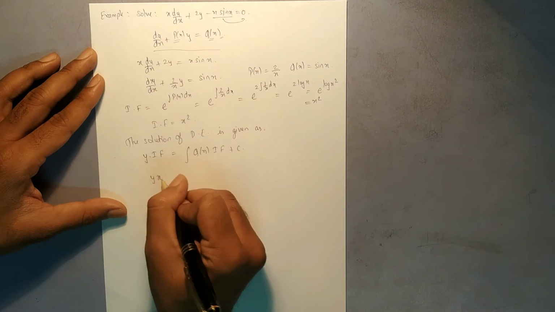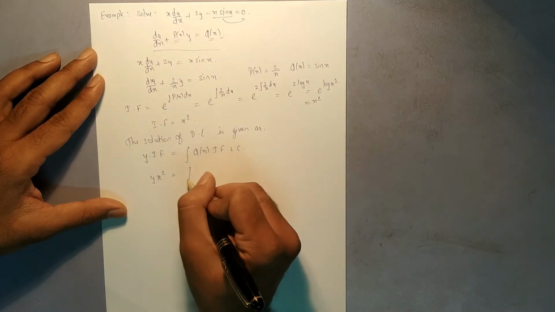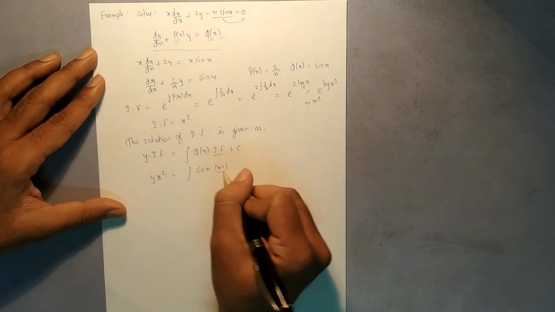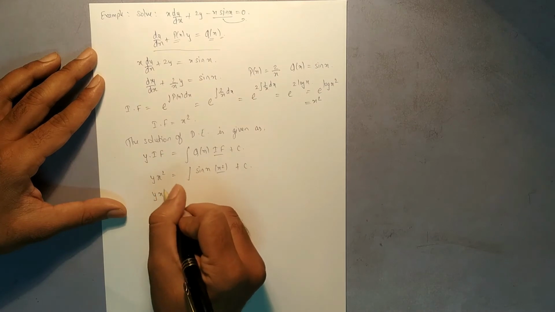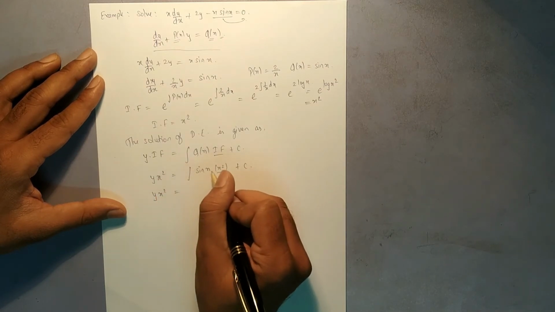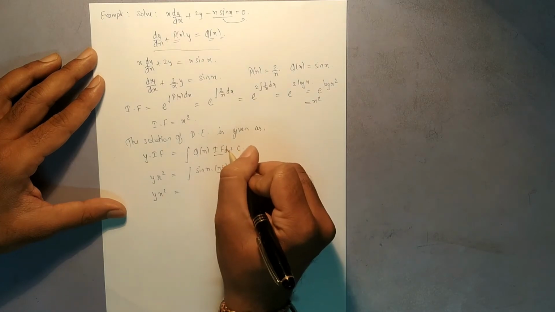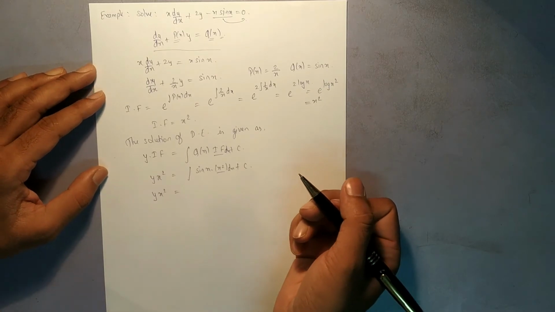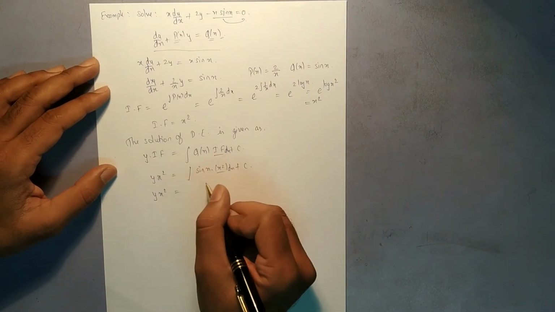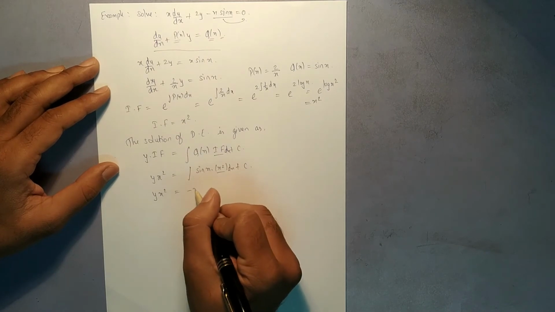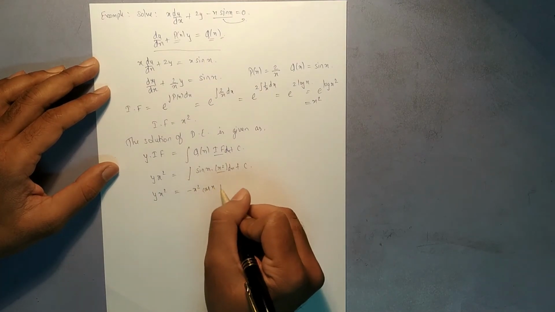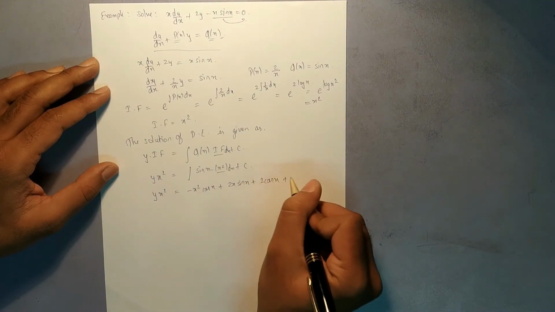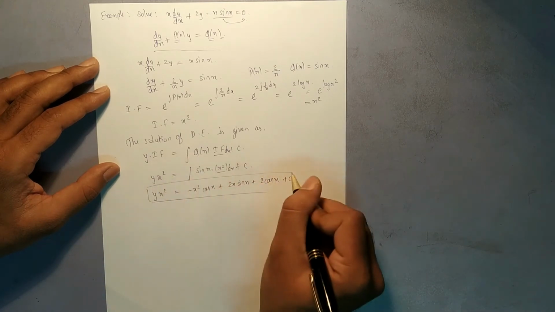So y into x square is equal to integration of q of x is sin x, and this integrating factor is x square, dx plus c. Now we will use integration by parts to solve this equation, and we get minus x square cos x plus 2x sin x plus 2 cos x plus c. So this is the solution of the differential equation.